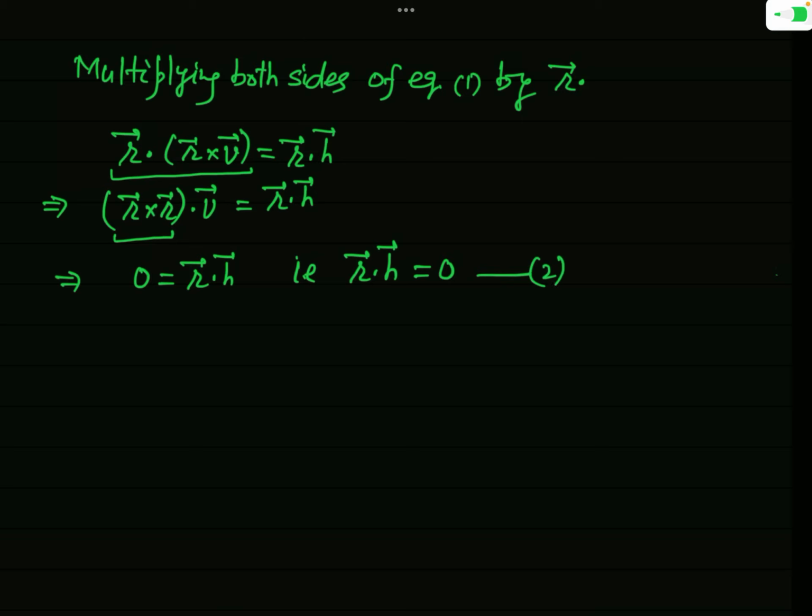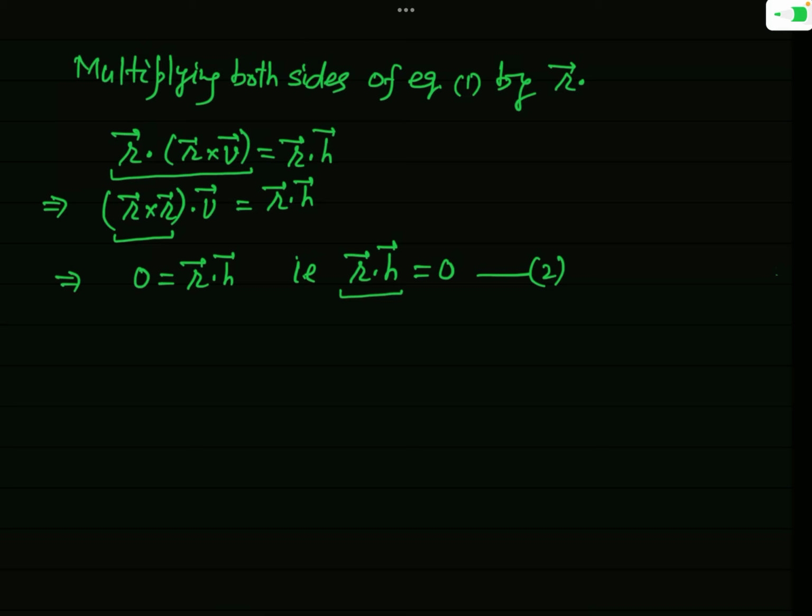h is a constant vector. Now since the scalar product of these two vectors r and h is 0, you know that the angle between these two vectors will be 90 degrees. It means the vector r is perpendicular to the constant vector h, so definitely the motion will take place in a plane.